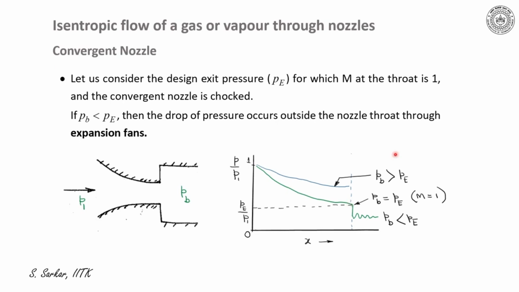Now, if the back pressure is greater than PE, then the pressure distribution is indicated by the blue line, where it is a subsonic expansion.